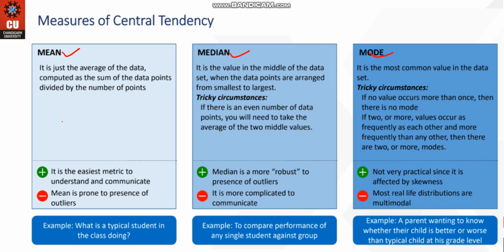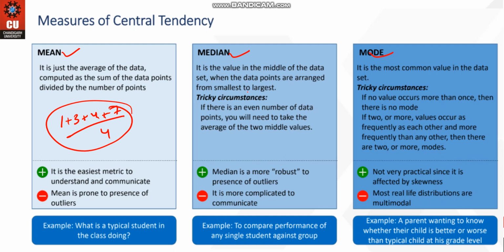If we have numbers like 1, 3, 4, 7, we add them and divide by the total number of items to get the mean. This is the simple way that we calculate the mean. It is nothing more than the average value of the data points. And now, understanding the median.